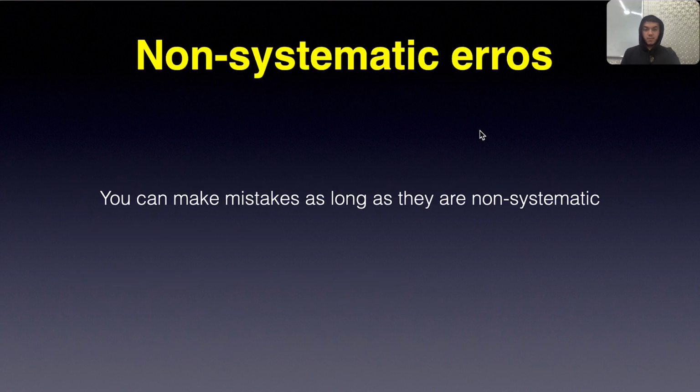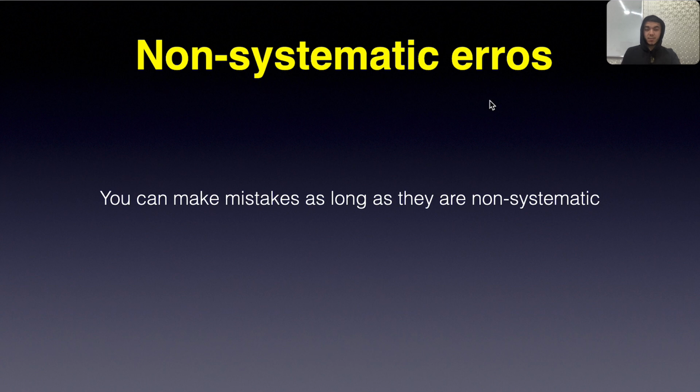And again, if you're making errors, make sure that they're non-systematic. Basically, non-systematic means you're not repeating the same mistake over and over again. It's not a mistake, it's a slip. If your error is non-systematic, then it's not an error, it's a slip. Let's say you missed an article, but then after, in the sentence, you used the article correctly.